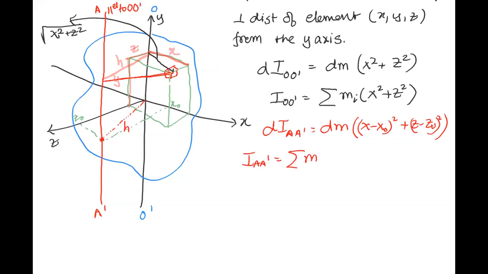summation of mi into xi minus x naught whole square plus zi minus z naught square, right? And of course the upper one is also xi and zi. मैं थोड़ा जल्दी चल रहा हूँ, मैं स्टेप्स खाने की कोशिश कर रहा हूँ.